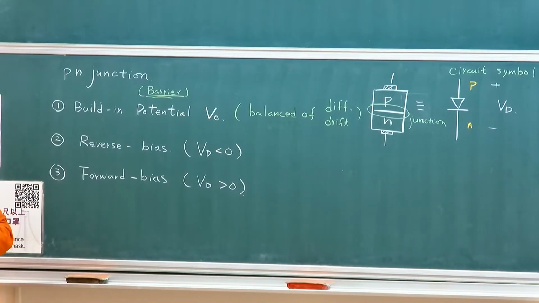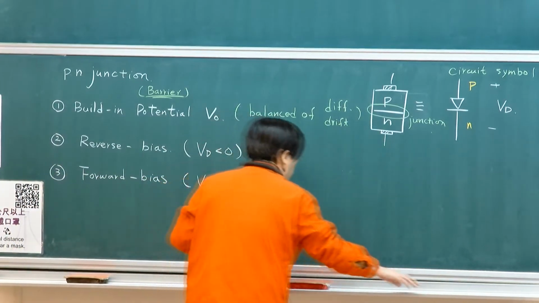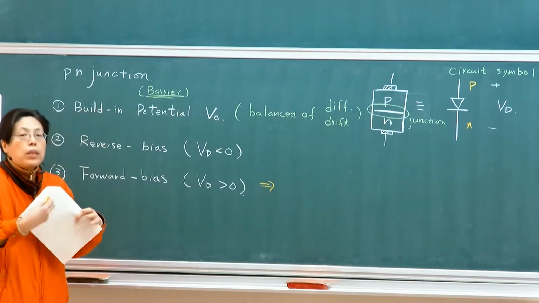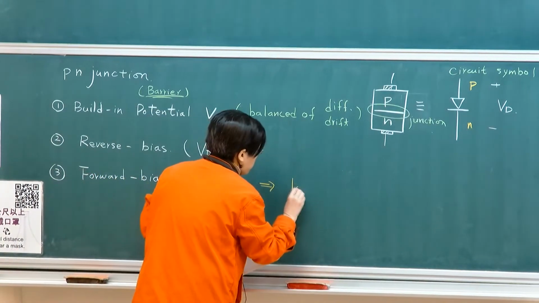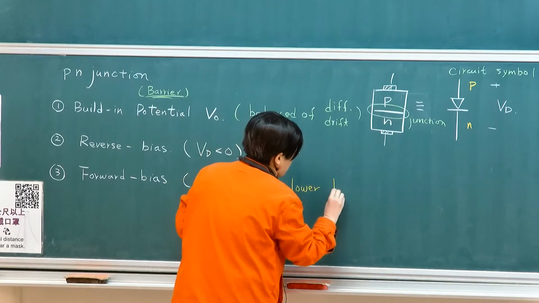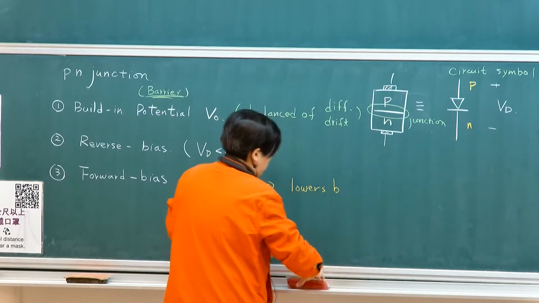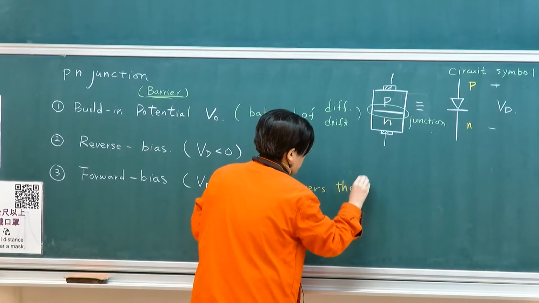If you apply a positive voltage, you're disturbing the balance. In the forward bias condition, what physically happens within this junction is that it lowers the barrier.